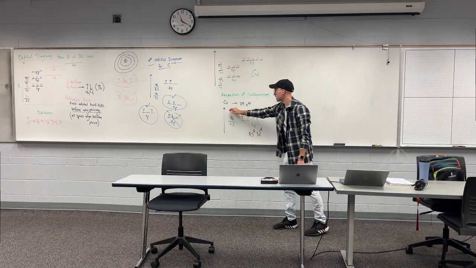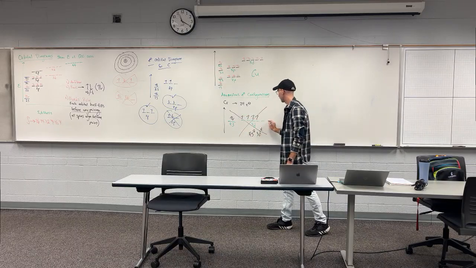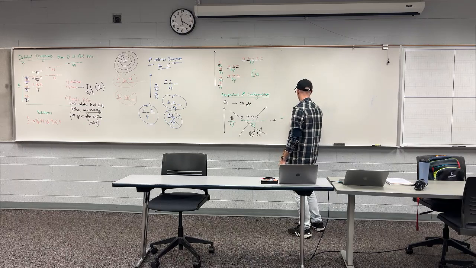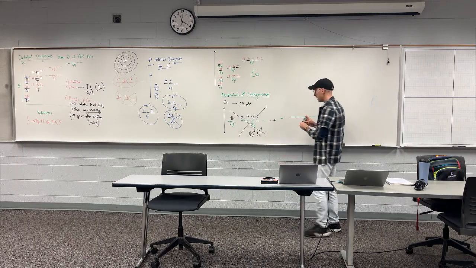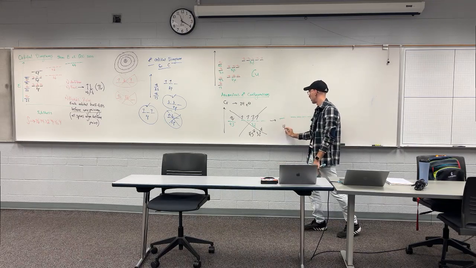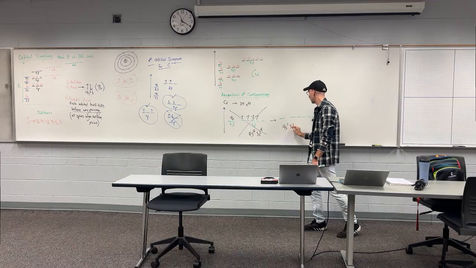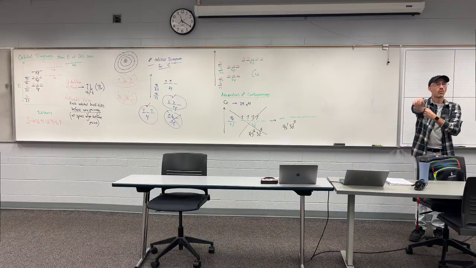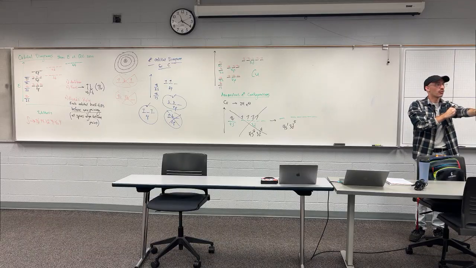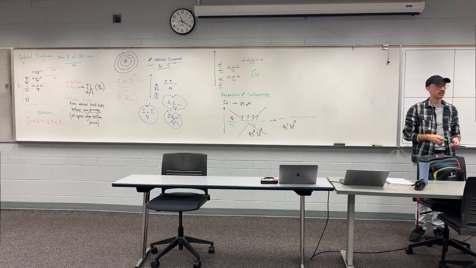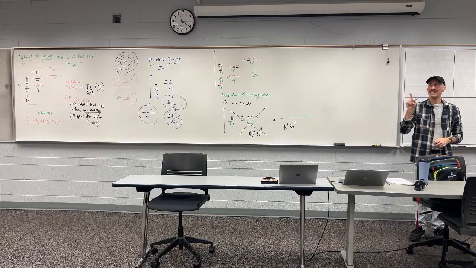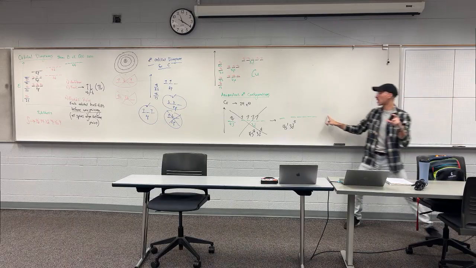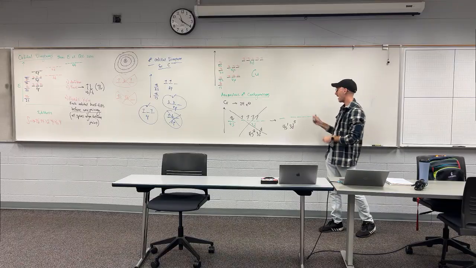But this is actually not how we find chromium. Instead, we find chromium as 4s1, 3d5. What does it get out of this rearrangement of its electrons? All of the d orbitals, the whole d subshell, will be half filled.